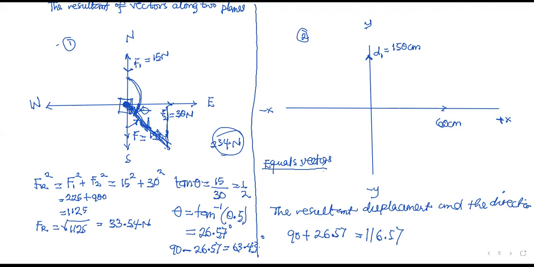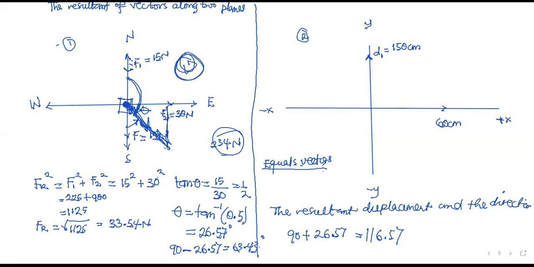North of what? North of east or south. It's south. Northeast is within the first quadrant. Northeast is here, south of east is here.